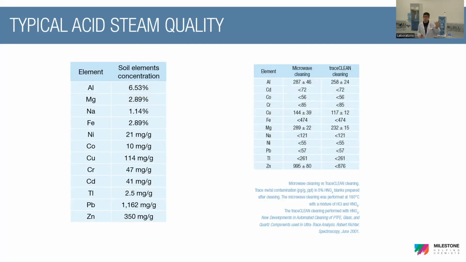One set was cleaned using the microwave digestion platform, and the other set was cleaned using the Trace Clean apparatus. As you can see on the right side of this slide, the overall cleaning efficiency between the two types of cleaning is quite comparable, since we have similar results.